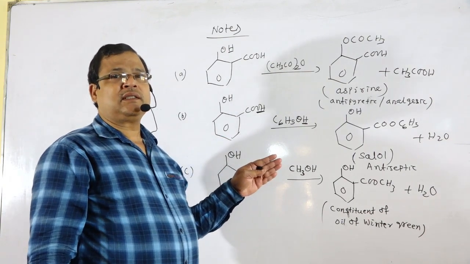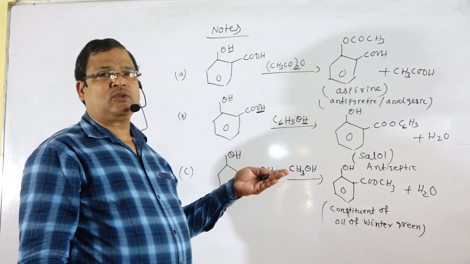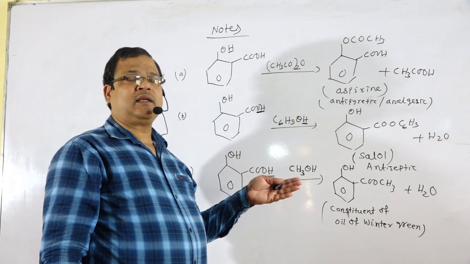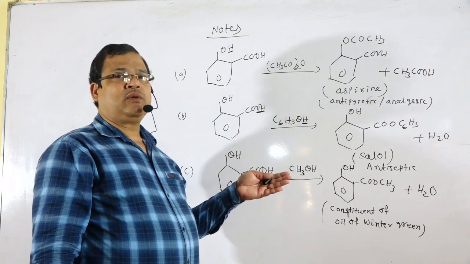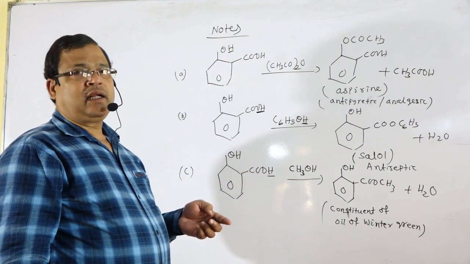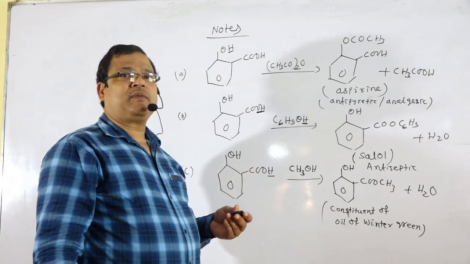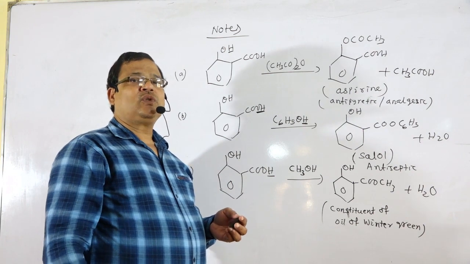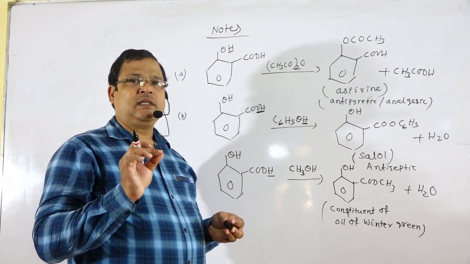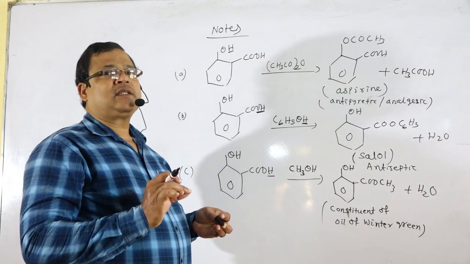But in Kolbe's synthesis, Kolbe's reaction, phenol is treated with carbon dioxide at 400 Kelvin, 4 to 7 atm pressure, followed by acidification with HCl, and there is the formation of ortho-hydroxybenzoic acid.